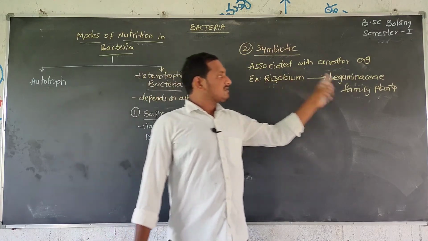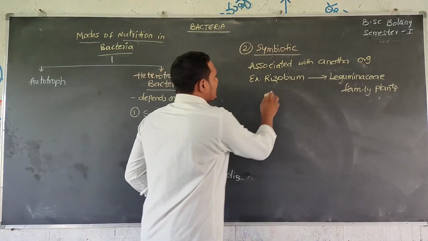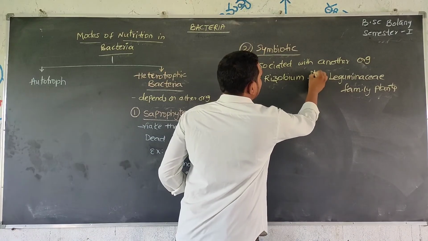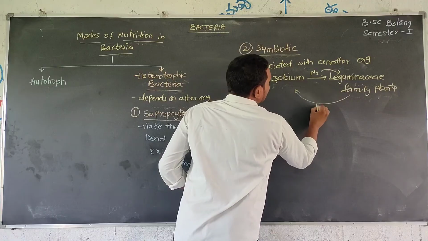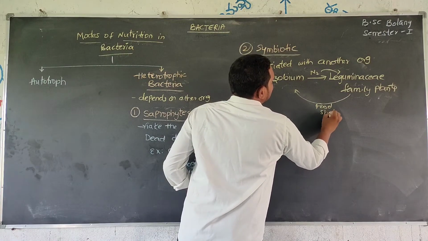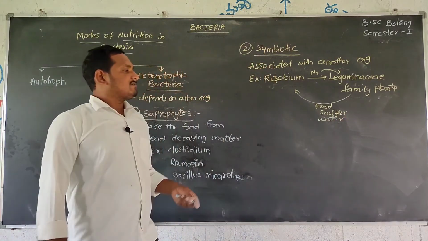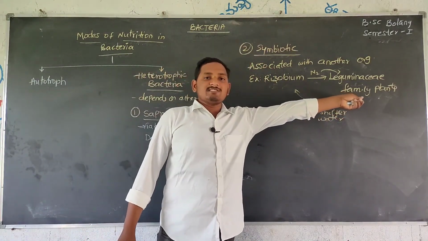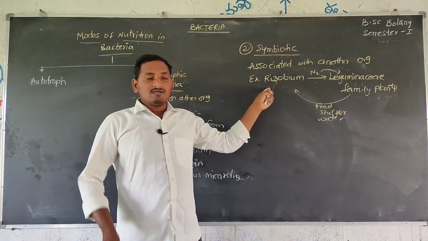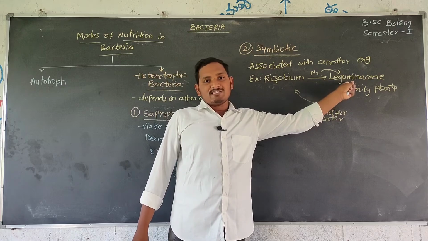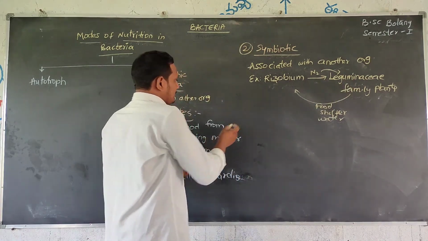Rhizobium gives nitrogen to these plants. So Leguminaceae family plants give food, shelter and water, and Rhizobium gives nitrogen to them. That is. Next, parasitic bacteria.